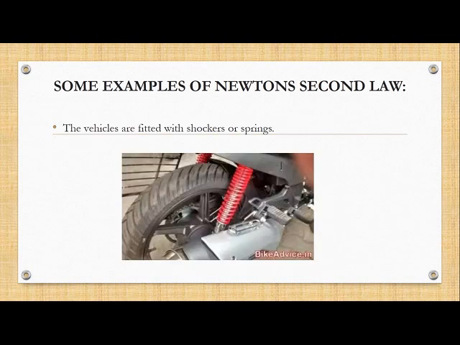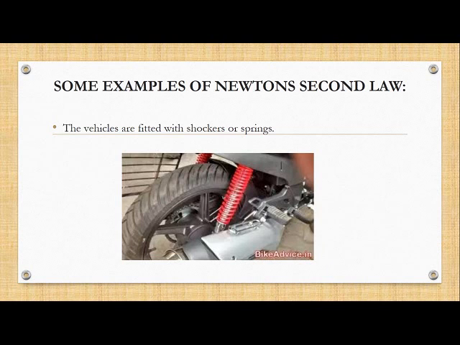Now children, all the cycles that you are using, and two wheelers, four wheelers, you must have seen that there are some shock absorbers or there are springs, children. Right? These shocks or springs are there to absorb the extra momentum that is produced.